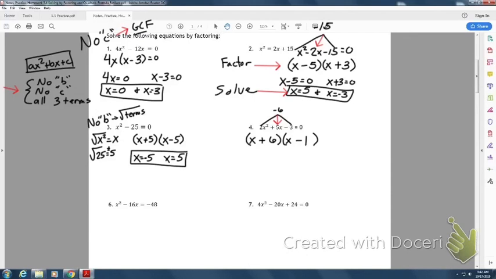Okay, so everything is the same up to this point. What makes this different is the coefficient of 2. Whenever this is not just x squared, you know there's going to be an extra step.